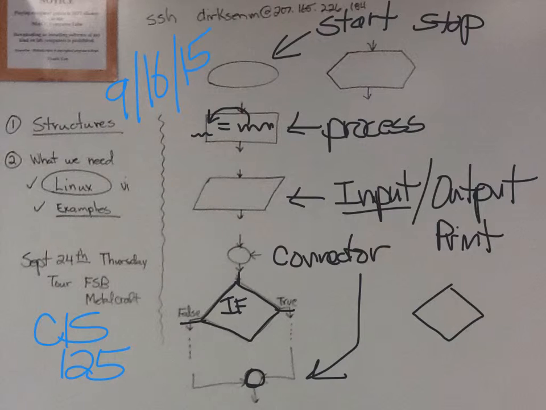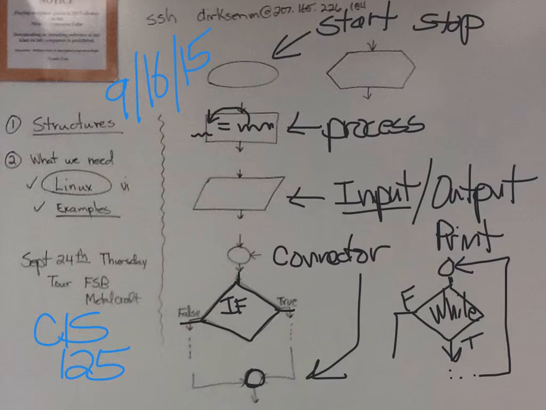We just reviewed structures, so maybe you have something like this, where maybe it's a leading decision, so it's true here. If it's false, you go somewhere else in your program. Probably a while statement.